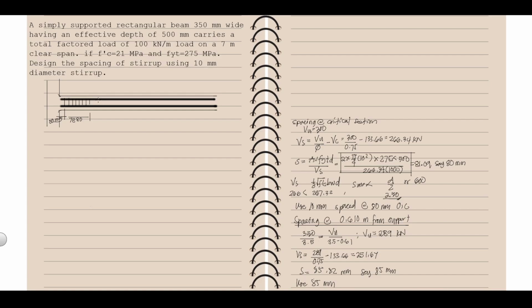Okay, dun magpas na. So, pwedeng 10, ano? 10.85. So, lagay tayo ng 10.85. That is 1, 2, 3, 4, 5, 6, 7, 8, 9, 10. Ito, 10 at 85. Alright? 10 at 85.